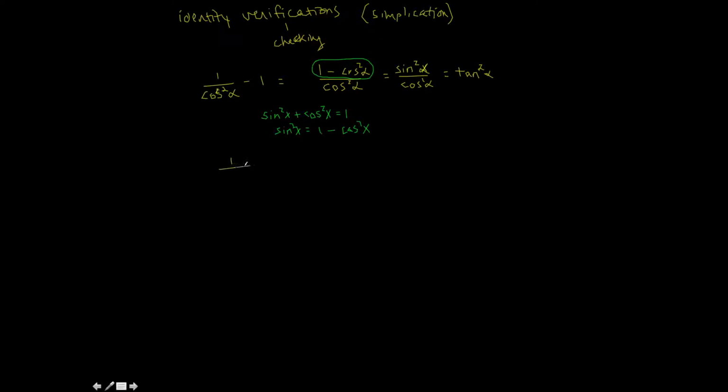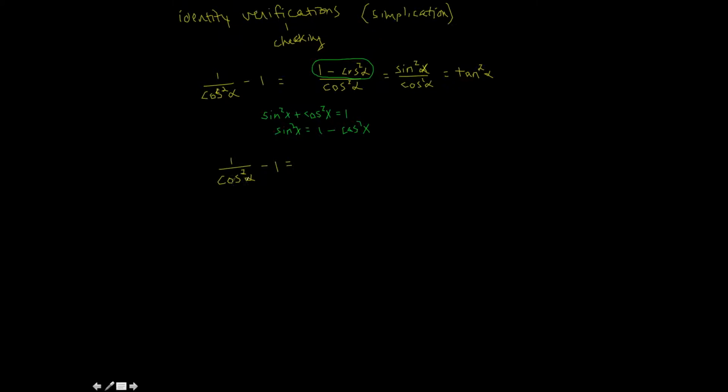same problem. Case in point, 1 over cosine squared. Well, what's 1 over cosine? 1 over cosine is secant.